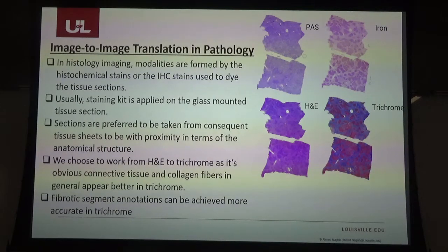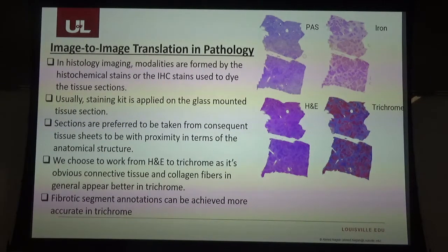But we have other special stains such as the trichrome stain. The trichrome stain is a specialized stain that can expose collagen fiber. We have collagen fiber existing in different types of tissue, existing in the skin, existing in the connective tissue.